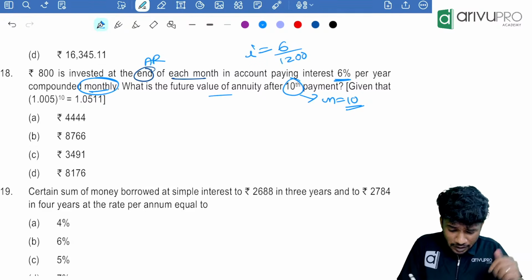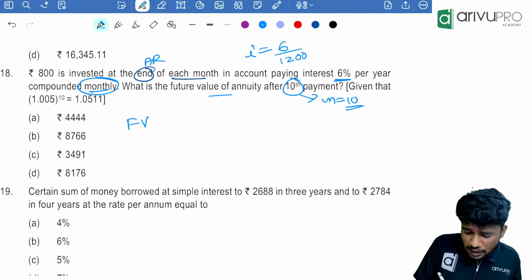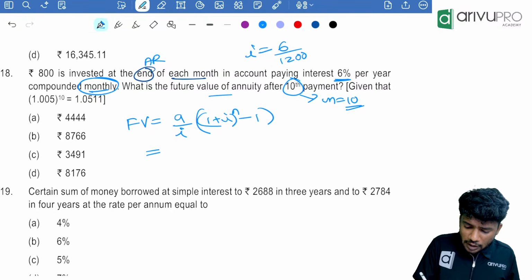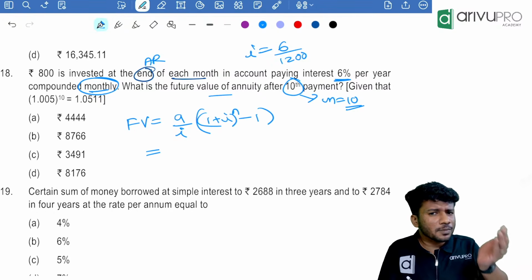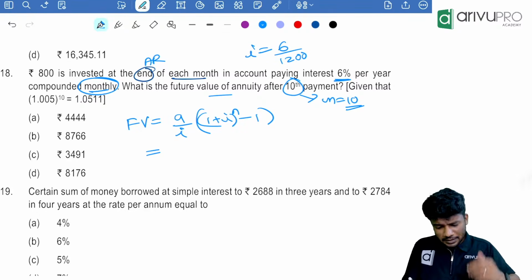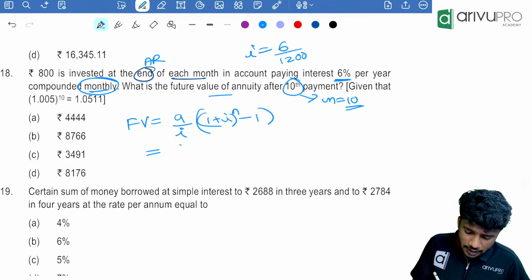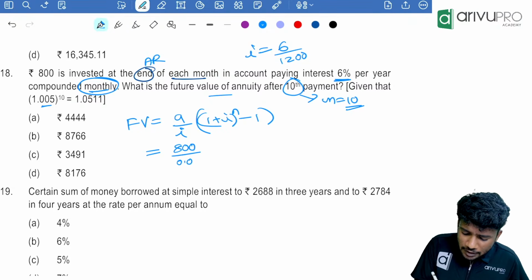Now directly go for the approach. What is the formula for future value? Future value is nothing but A by I into 1 plus I the whole power n minus 1, which is equal to, since it is regular annuity, you don't need to multiply it with 1 plus I. Correct now? A is how much over here, people? A is nothing but 800 annuity amount divided by 0.005.